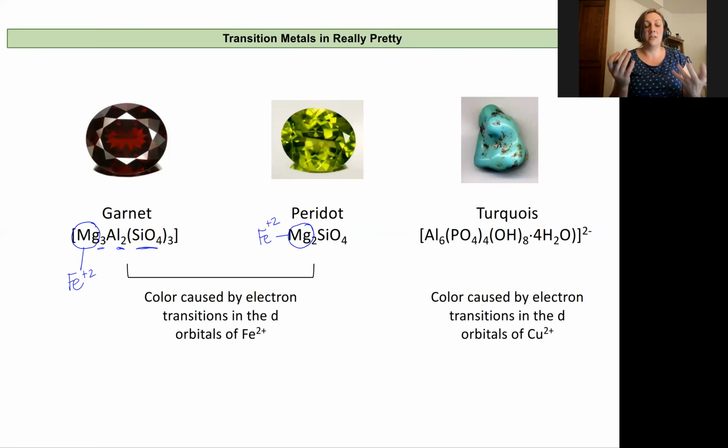And so that environment's really tuning the chemistry of the iron, but also just the visual beauty of the iron atom in that structure. Now, turquoise, here's the other one of the generic formulas for turquoise with this -2 charge. It's usually paired actually with a copper plus 2. And that copper plus 2 atom will give off this turquoise color, this blue-green color that's actually characteristic of the energy gaps in between its d orbitals.